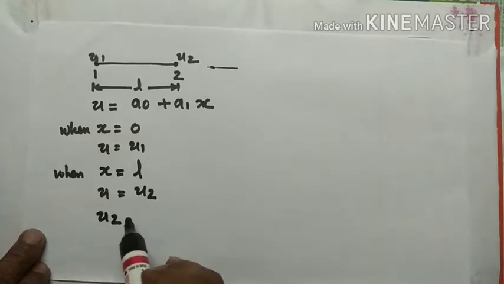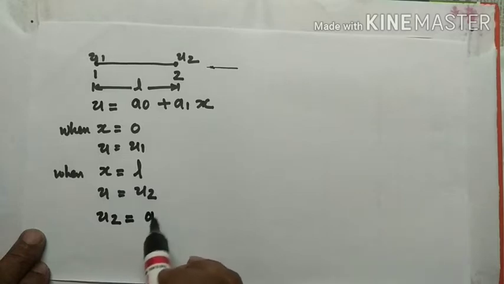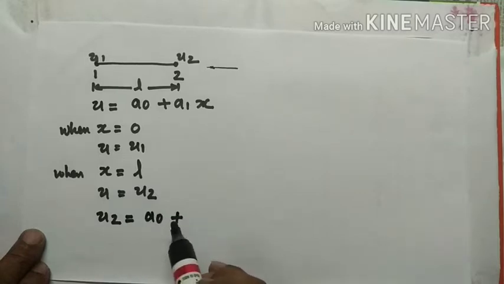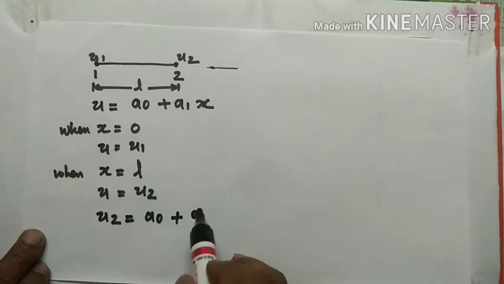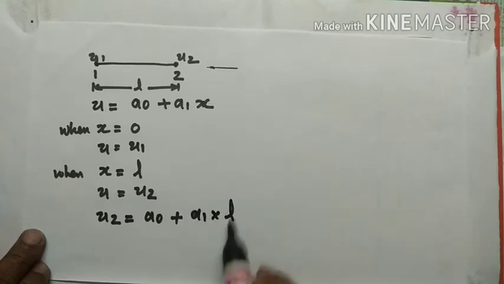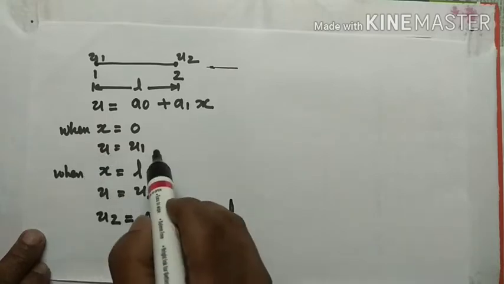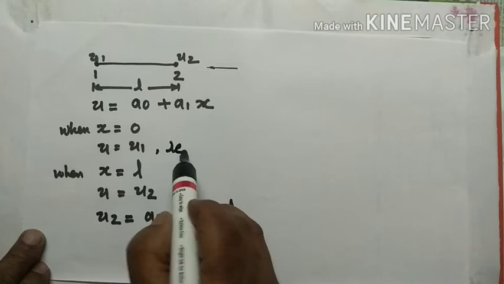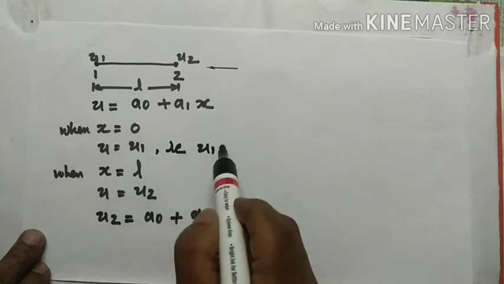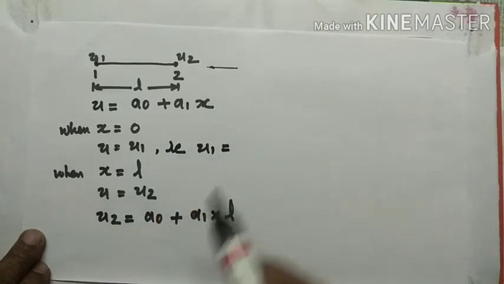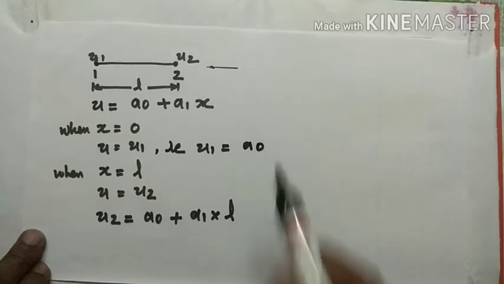That is, u2 is equal to a0 plus a1 into L. Here you will get u1 is equal to a0.